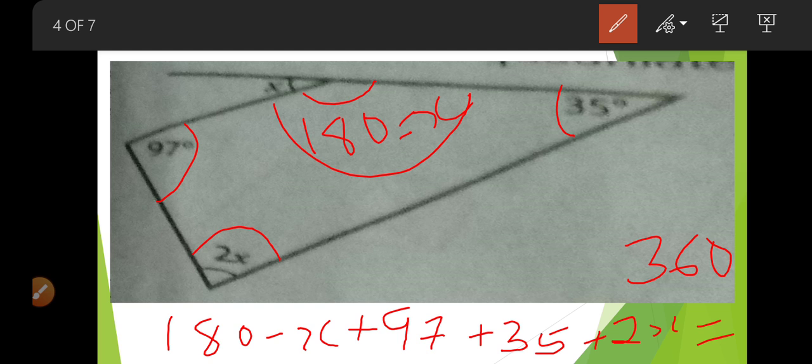So I want you to take note of what we have gotten here: 180 minus x plus 97 plus 35 plus 2x, which is equal to 360.